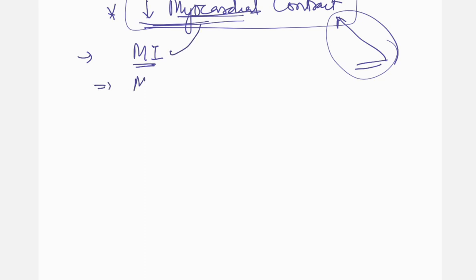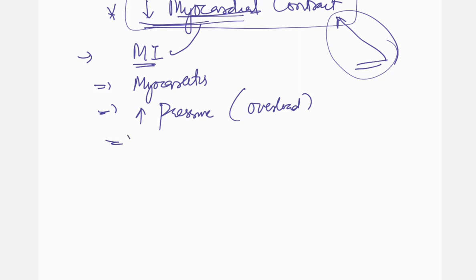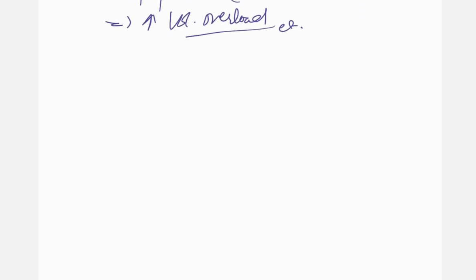There can be myocarditis. There can be increased pressure overload, or even increased volume overload, so that there is a decrease in myocardial contractility. So this was about cardiogenic shock.